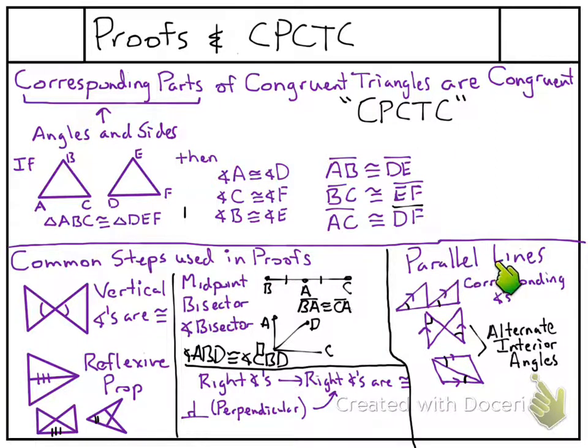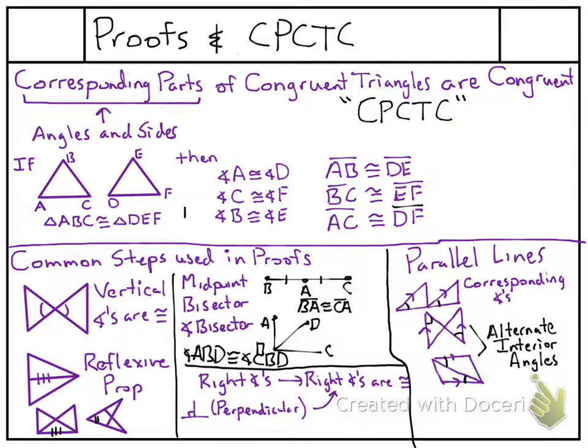Parallel lines. Now parallel lines aren't congruent themselves, but they lead us to really 2 types of congruent pairs of angles. One is corresponding angles that will typically show up in this pattern where we have parallel lines with a transversal, and the 2 angles would be corresponding in the same location within the 2 triangles. And then alternate interior is our bow tie idea again, but it's those alternate interiors with this transversal.